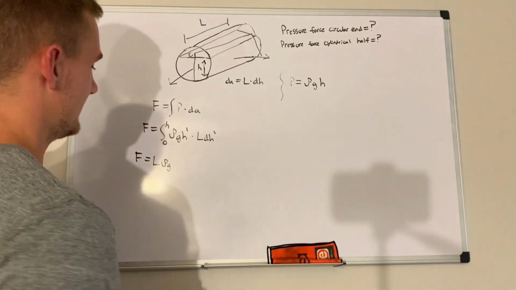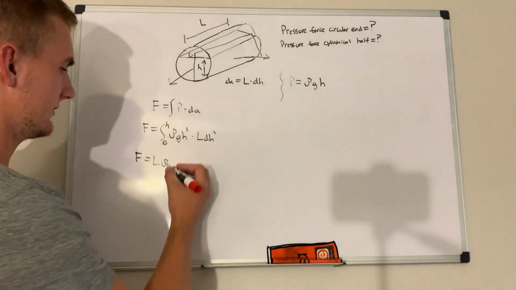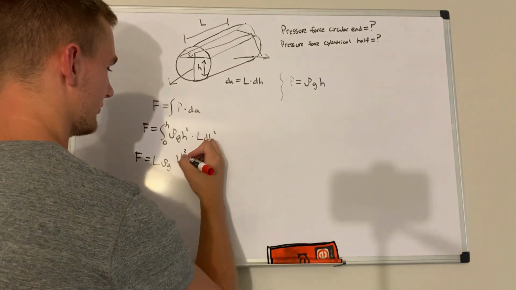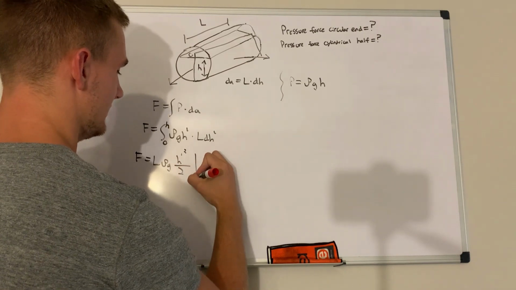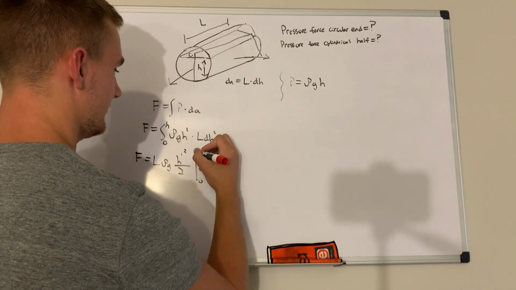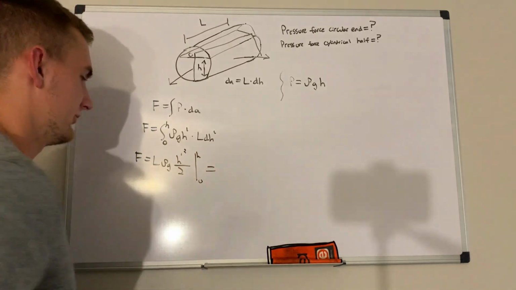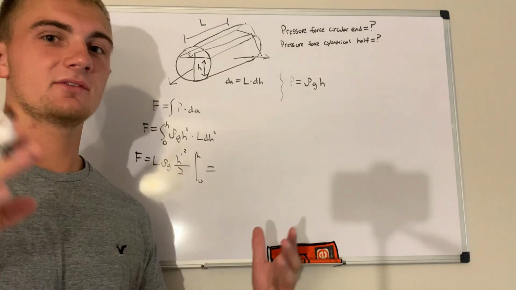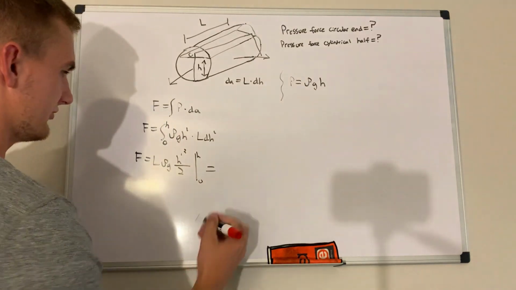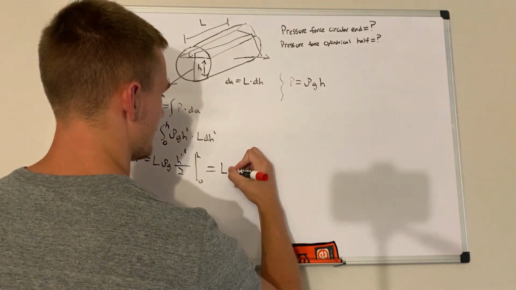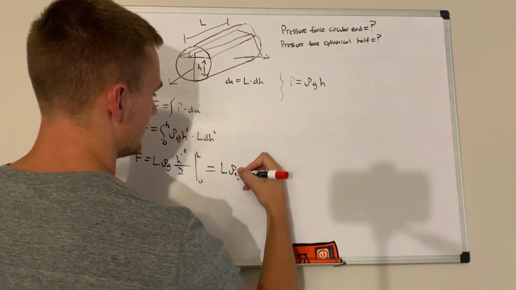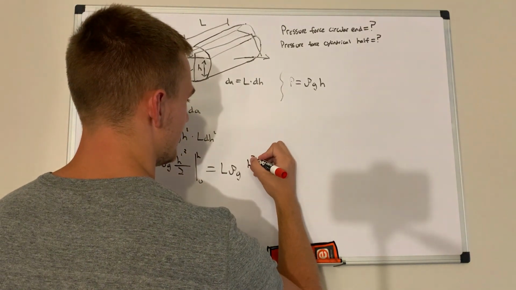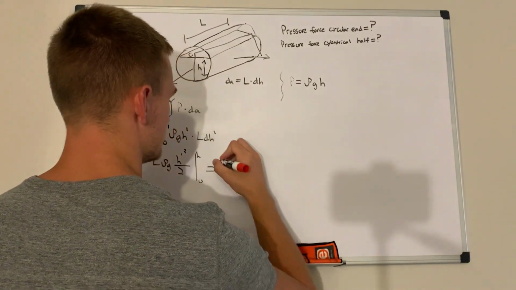We have our constants out here, the length times density times g, and this will be H prime squared over 2, evaluated from 0 to H. So the pressure force that the fluid exerts on each of the ends of the cylindrical barrel is just equal to the length of the barrel times the density of the fluid, gravitational constant g, times the height of the fluid squared over 2.